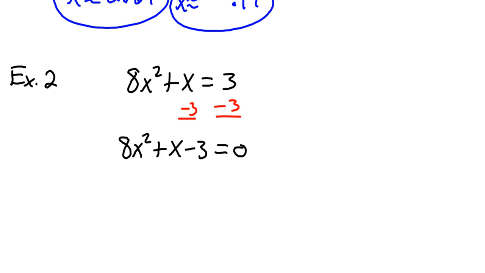Okay, now you've got your numbers you can pull out. A is 8. Your B is 1. And your C value is -3.